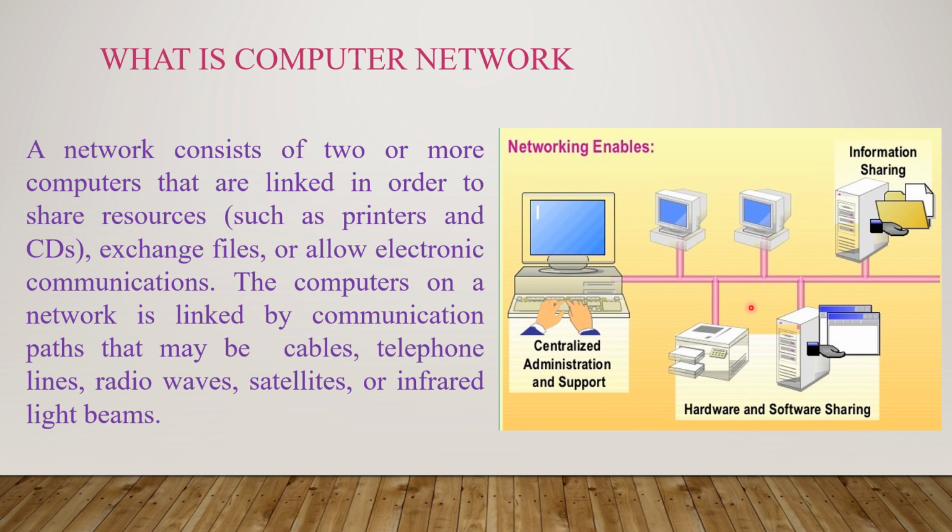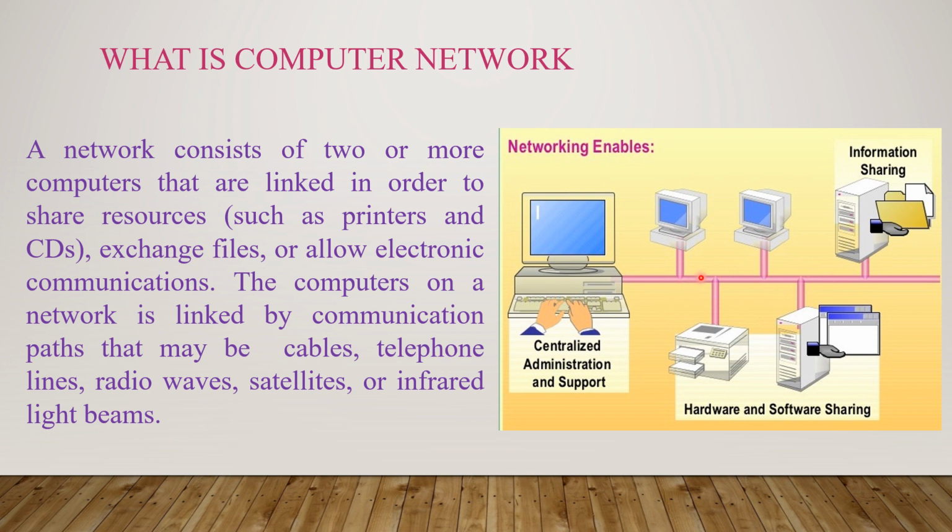Now, look at this picture. Suppose this is computer A, this is computer B, this is computer C, this is computer D, this is computer E, and this is a printer. All these devices are interconnected or linked with each other through this pink colored line.